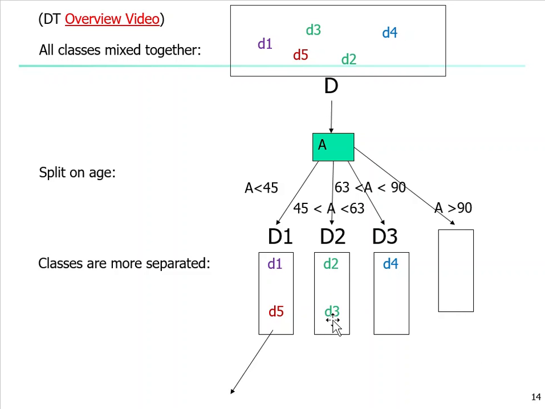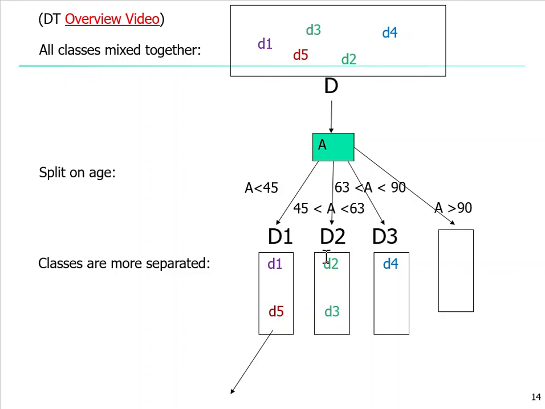That would be the ideal situation. So what we're saying here is we want this divide-and-conquer process to end up with divisions containing very pure observations. By pure observations, we're referring to the fact that all the observations in this node belong to the same class.